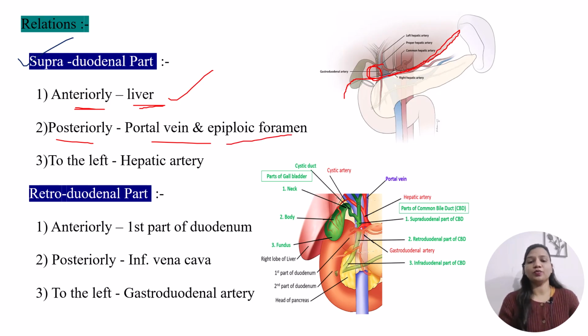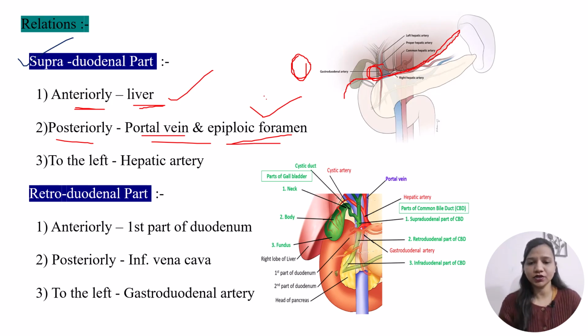So what is the epiploic foramen? It is the natural opening that connects the greater sac with the lesser sac. Only thing you have to keep in mind is that it is a natural opening which connects the greater sac with the lesser sac, and the supraduodenal part is posteriorly related with the portal vein and this epiploic foramen.